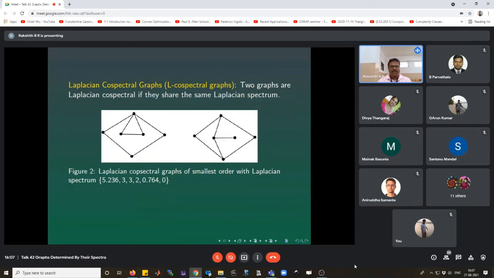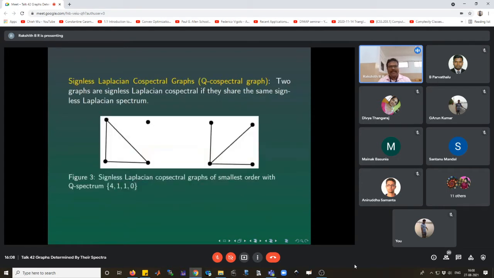Likewise, any graph with fewer than 6 vertices does not have any L co-spectral mate. Similarly, this holds for signless Laplacian co-spectral graphs.